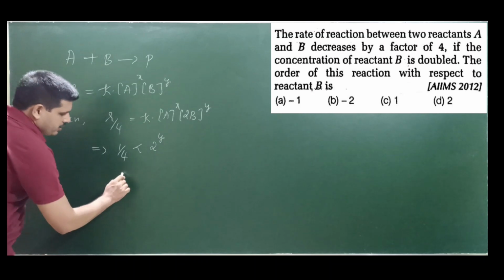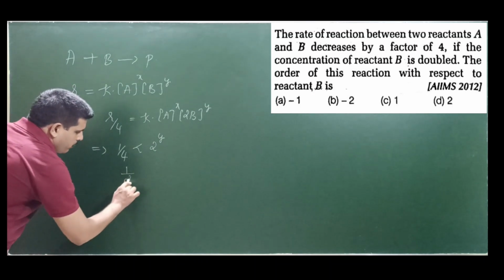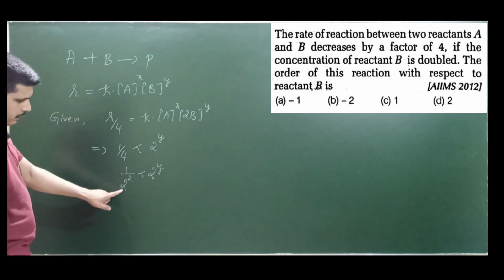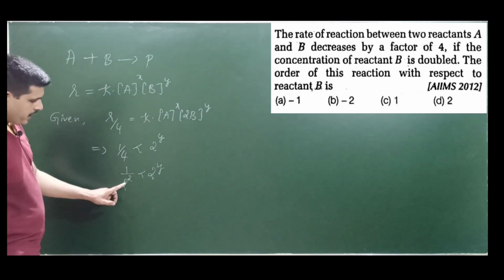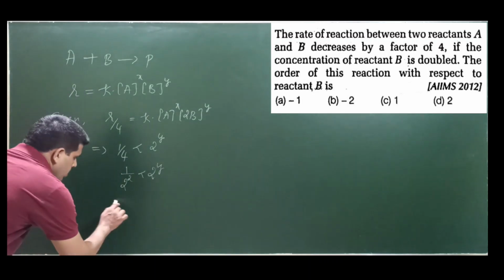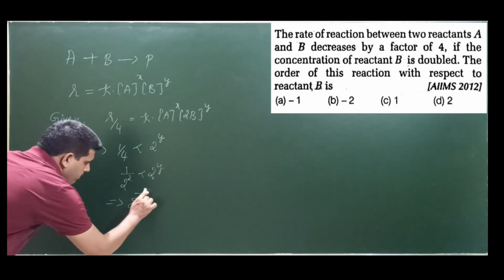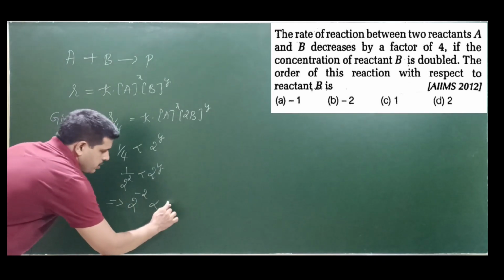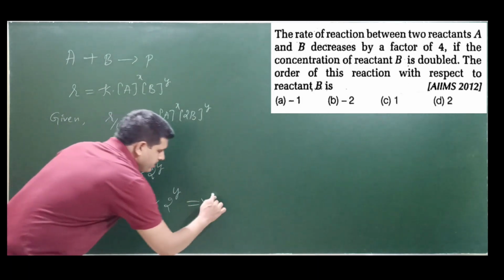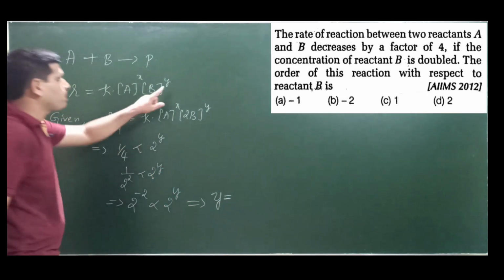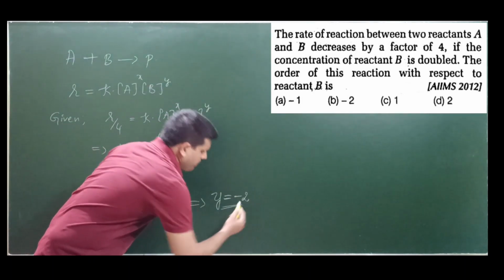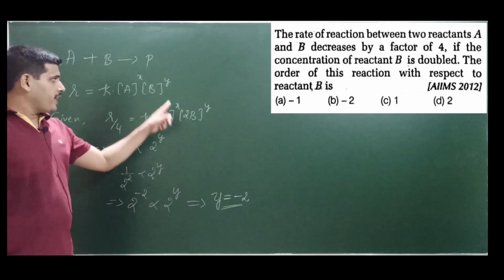This is nothing but 1 by 2 to the power 2, and I'll bring this to the numerator, so this will become 2 to the power minus 2. So 2 to the power minus 2 is proportional to 2 to the power y, which clearly tells you that the order with respect to B, which we took as y, is nothing but minus 2.